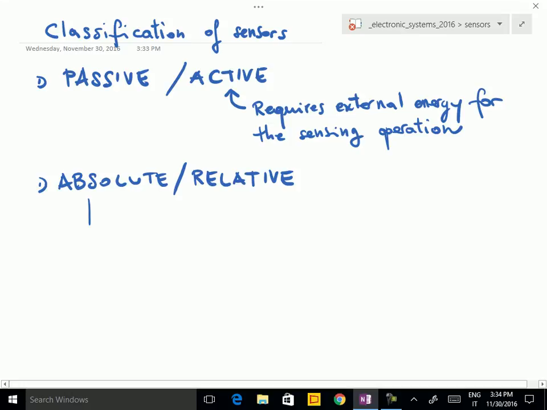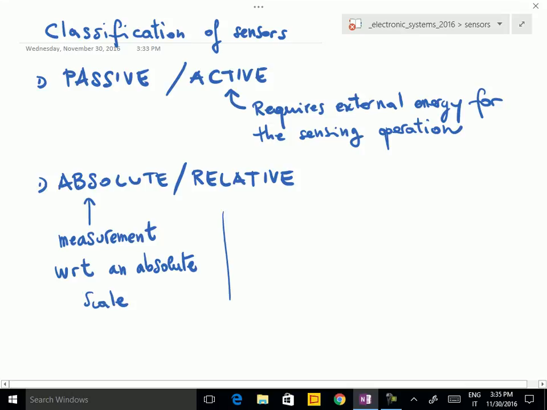Okay, so a measurement with respect to an absolute scale. This is a measurement with respect to the relative condition.